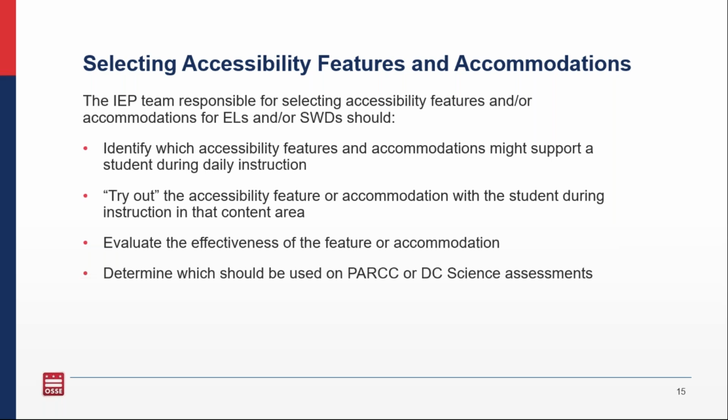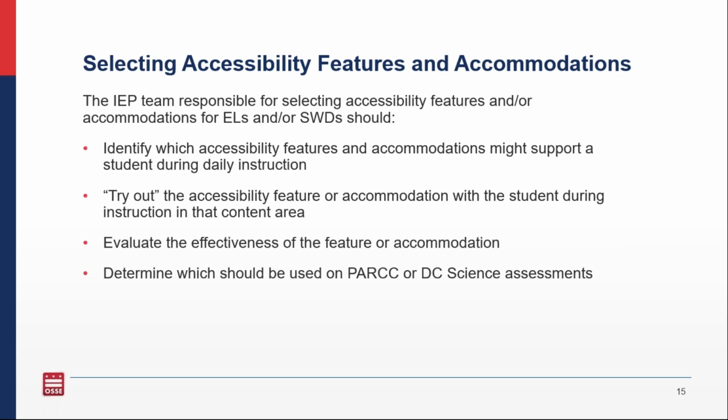They should follow these steps. First, identify which accessibility feature and accommodation might support a student during daily instruction. It's important to remember that these accommodations should have been utilized throughout the entire school year. Students should not be introduced to new accommodations to participate in PARCC or DC Science. They should have been incorporated into daily instruction, and students should already be familiar with them.